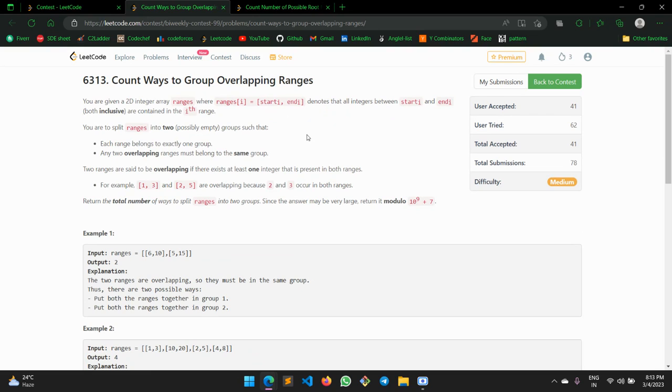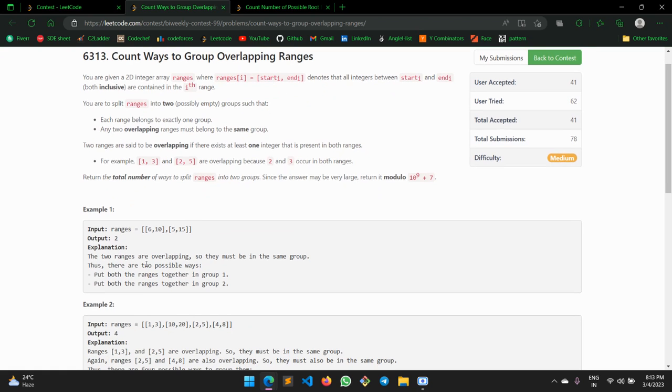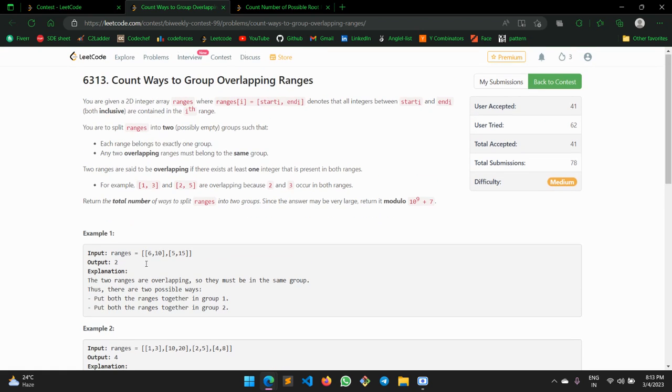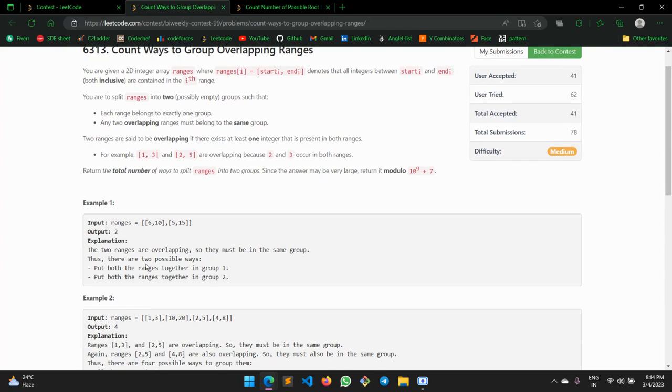And the same group. Okay, a range can be empty as well. So we can either put both of them in the left group or put both of them in the right group.